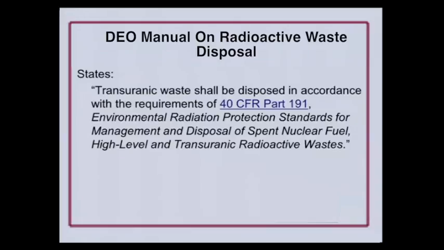Within the DOE, they have made that proclamation that all of their transuranic waste is going to be processed in accordance with EPA regulations. So that is the governing regulation for transuranic waste disposal.